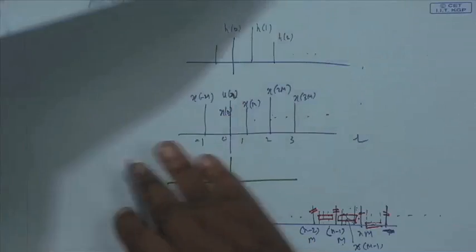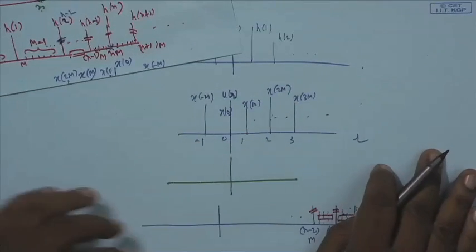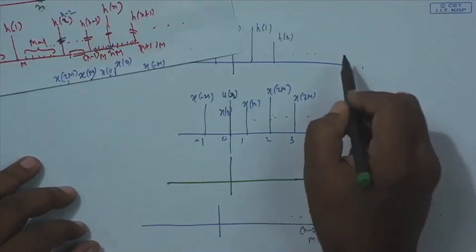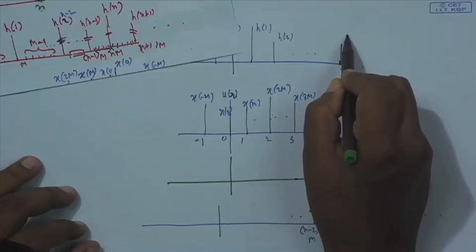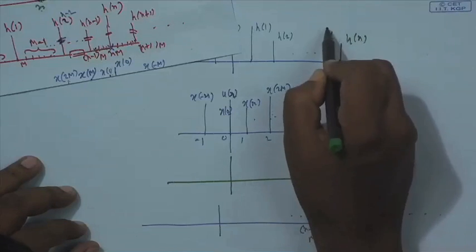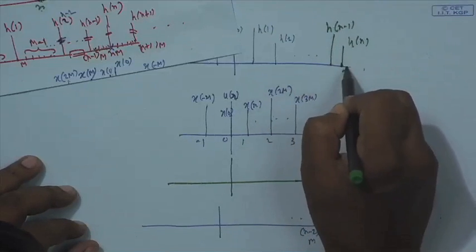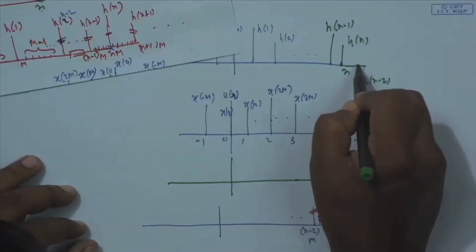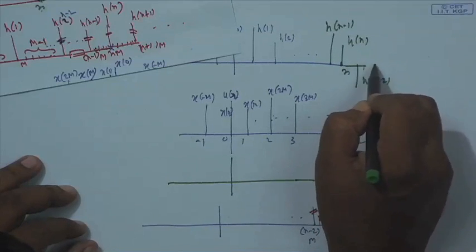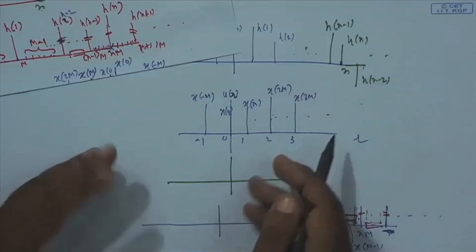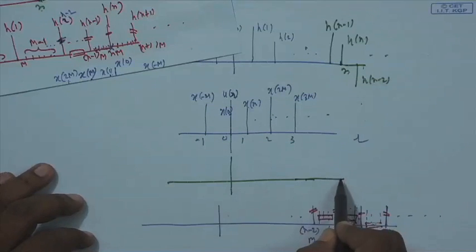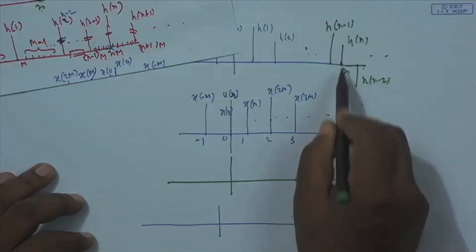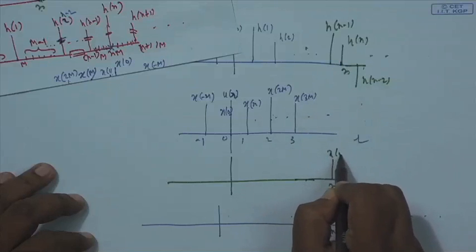So, nth index means the flip side sequence will be shifted to the right by n. So, if it is nth point where I have got h n, then I have got h n minus 1, say h n minus 2 dot dot dot dot. So, after you flip, x 0 will come and sit below h n, so x 0.